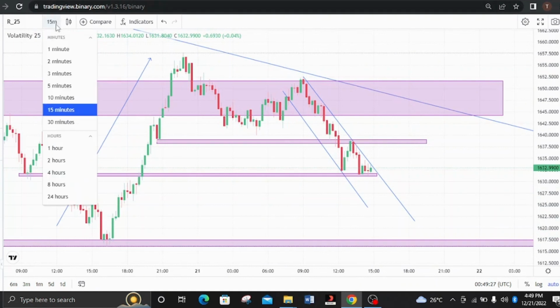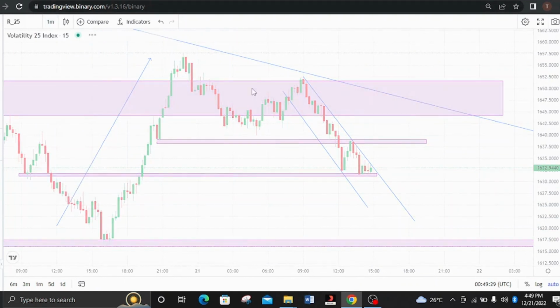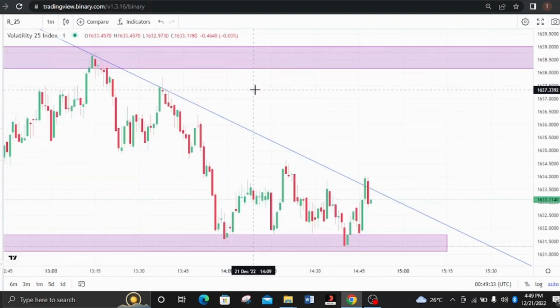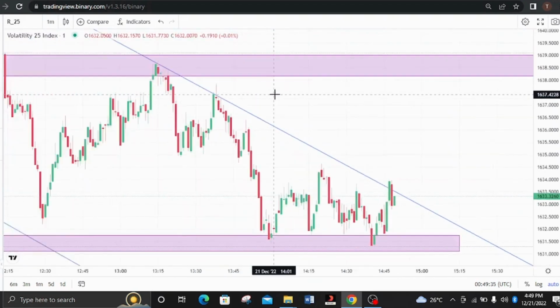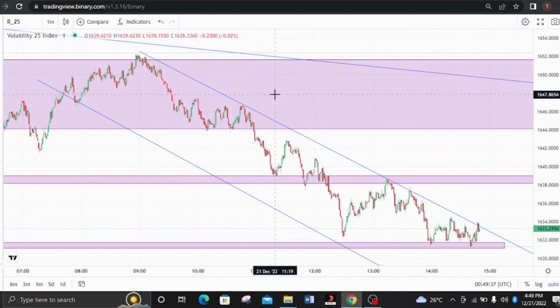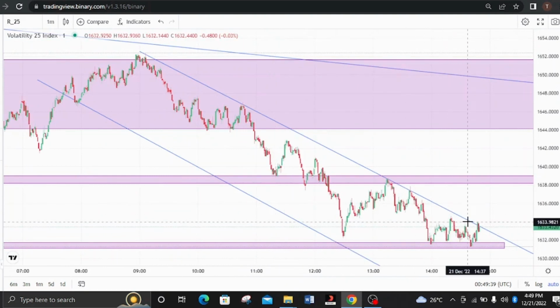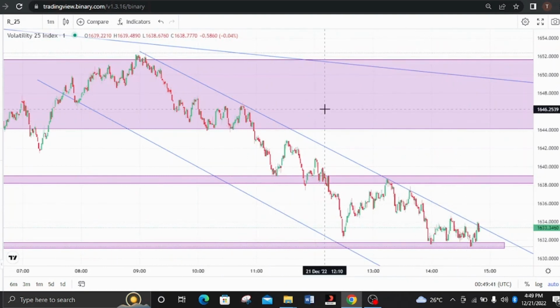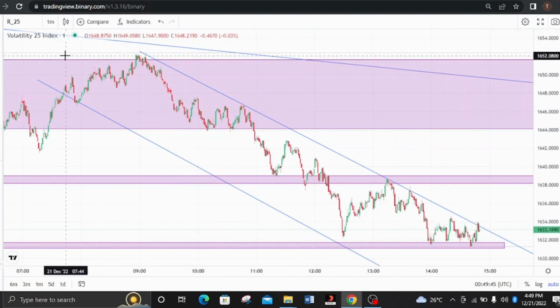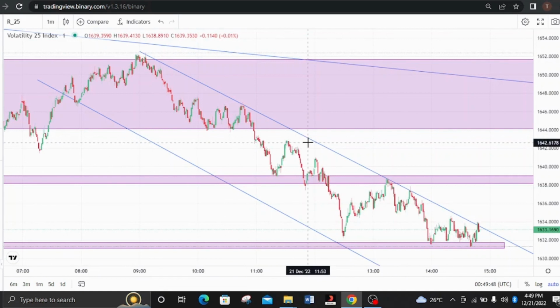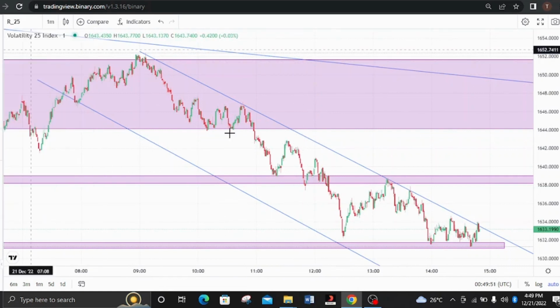Let's look at our 1 minute time frame to see what is happening here. What you can see on the 1 minute time frame is that the trend line within a trend line was broken, but I think this is not precise because I made this level using a 15-minute time frame.